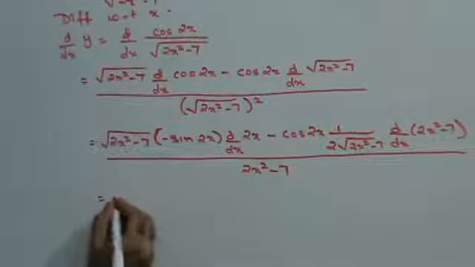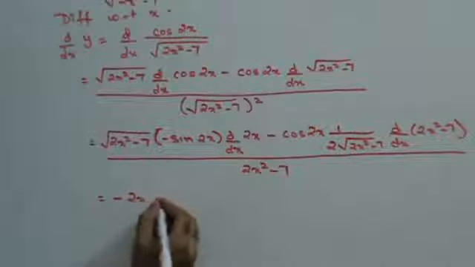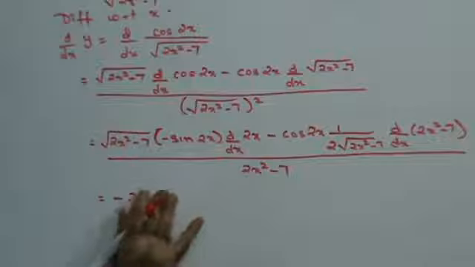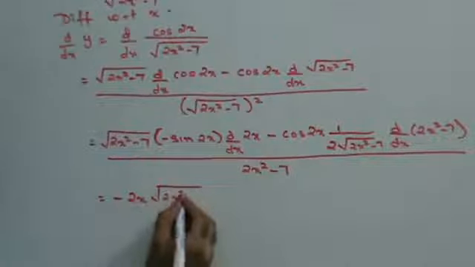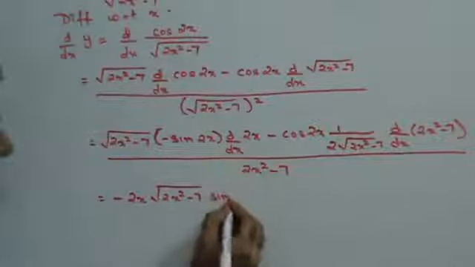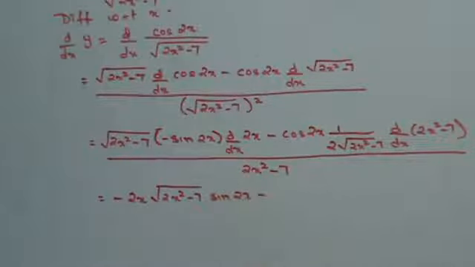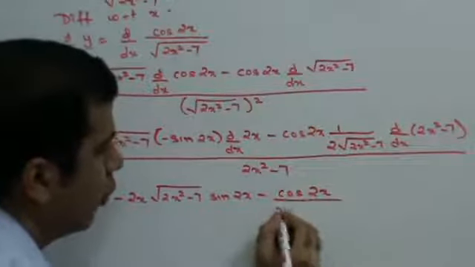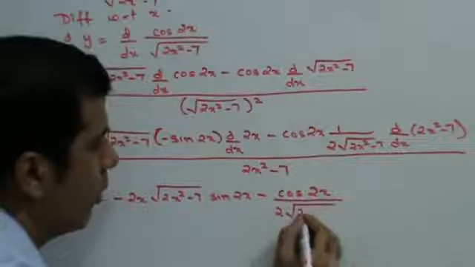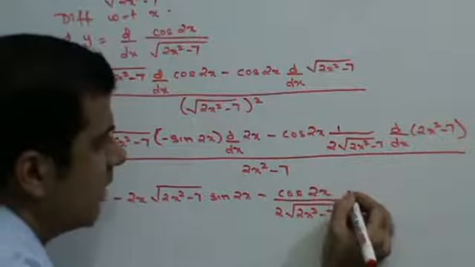So now this is going to be minus 2x sine 2x root of 2x square minus 7, minus cos 2x upon 2 root of 2x square minus 7.